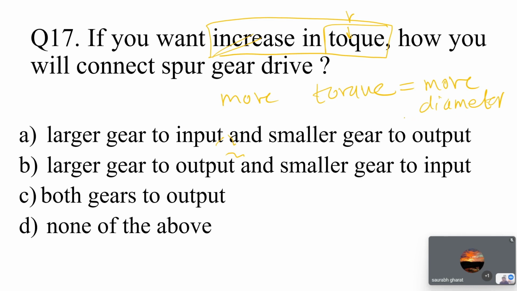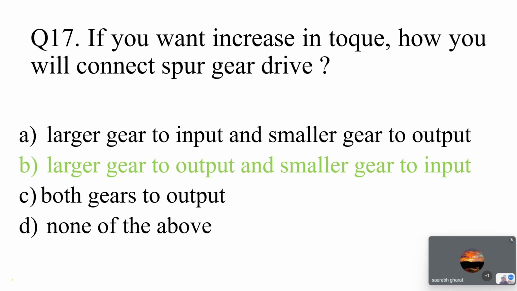So more diameter means a larger output. Okay, more diameter means a larger output, so your larger gear must be at output. So here your larger gear is at output. Okay, so this is the correct answer for the torque option. I told you this B part is your correct answer. So you have to change here, it is torque actually. Okay, so B is your correct answer.